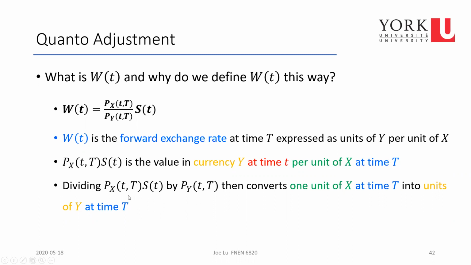It should be the same if you then invest that US dollar: you get, for that $1 worth of Canadian dollar at big T, because you divide it by this, you're investing with this factor here to convert it to how many US dollars you have at big T. Okay.